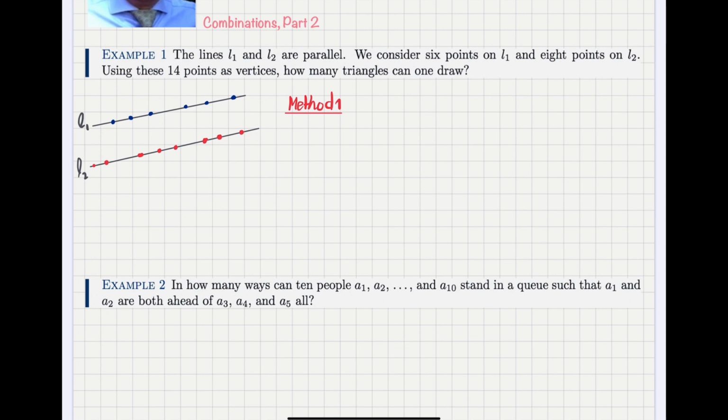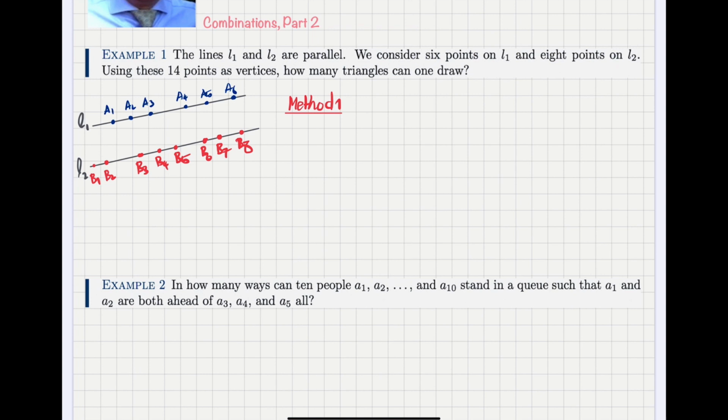Let me call these A1, A2, A3, A4, A5, and A6, and the other ones, let me change the name, B1, B2, B3, B4, B5, B6, B7, and B8. Do you think this is a permutation problem or a combination problem?